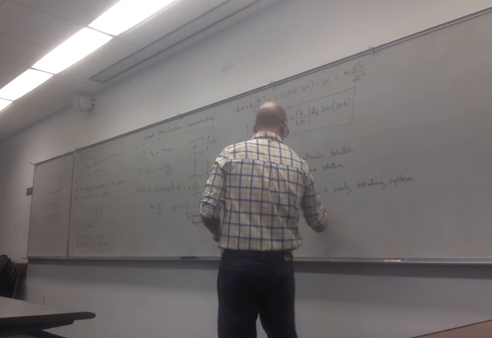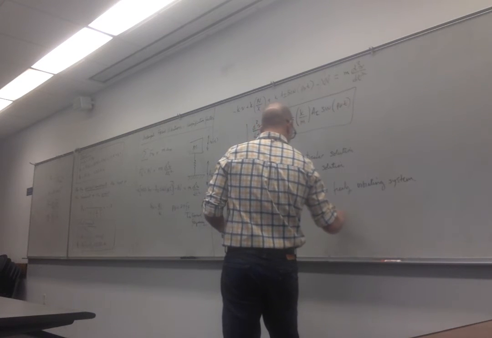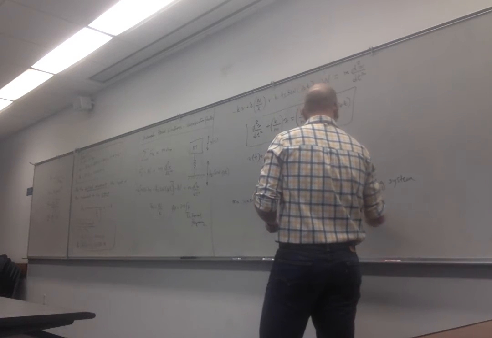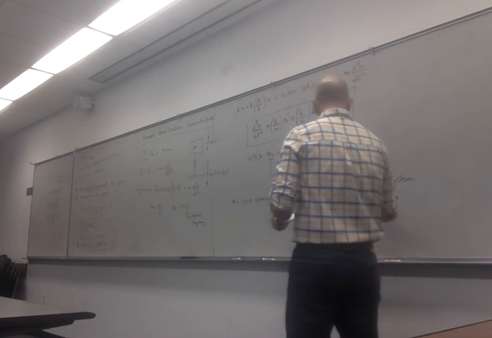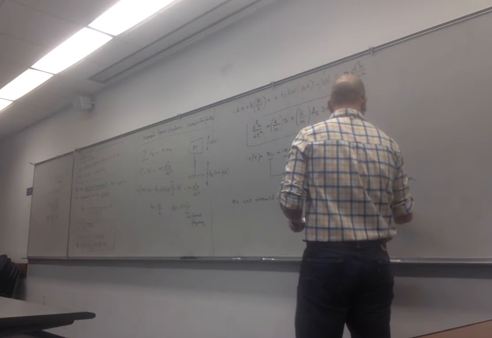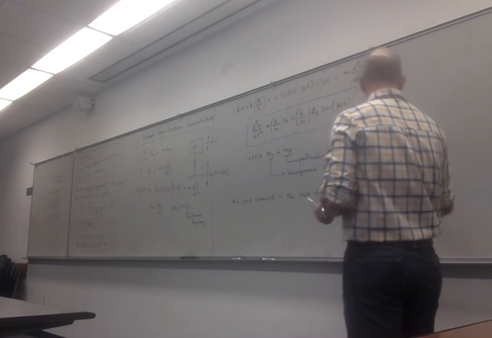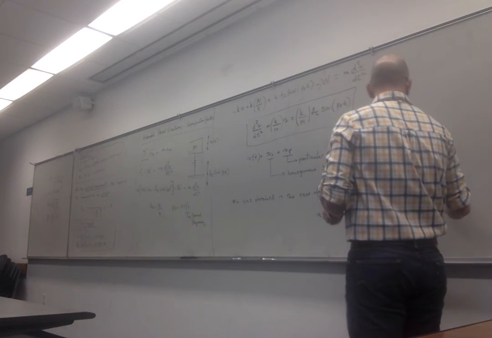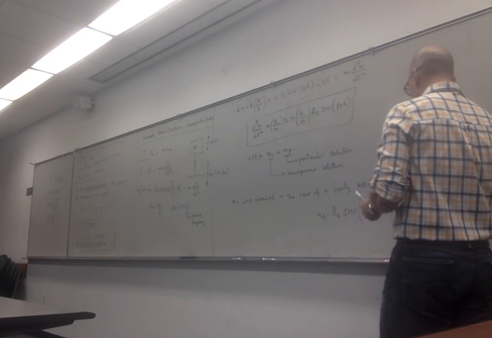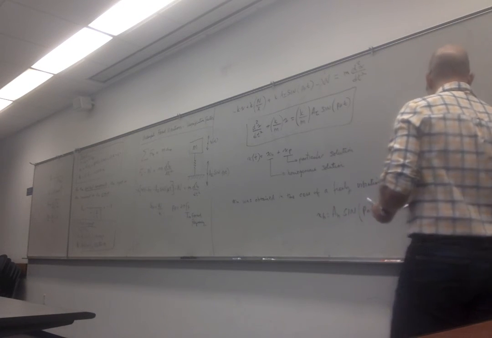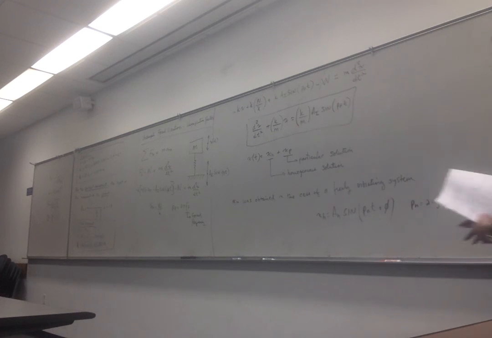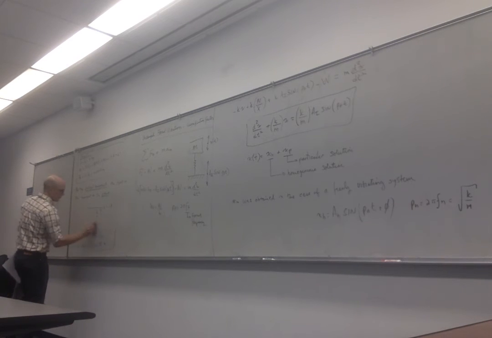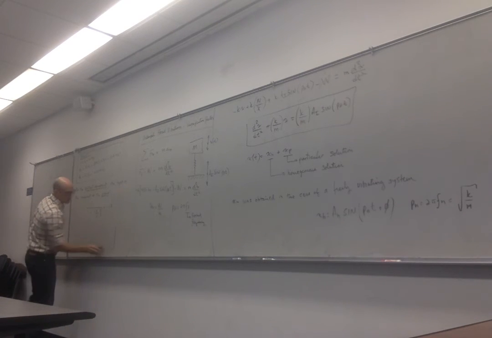So what we had is the homogeneous solution was an amplitude for the homogeneous problem, sine of the natural frequency, in this case, times t, plus a certain phase angle like this. And p sub n was just 2 pi times the natural frequency, and that was equal to the square root of k over m. All of this we did the other day when we studied the free vibration system, from which we obtained that equation for the natural frequency. This is where it comes from.